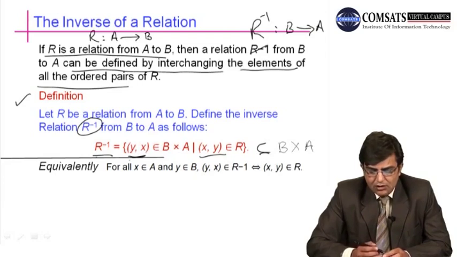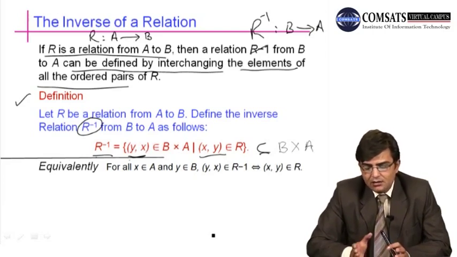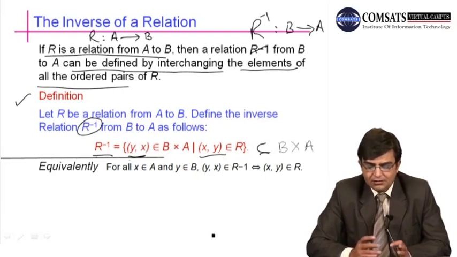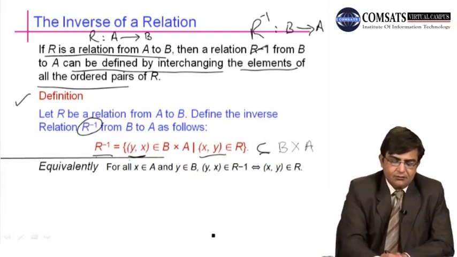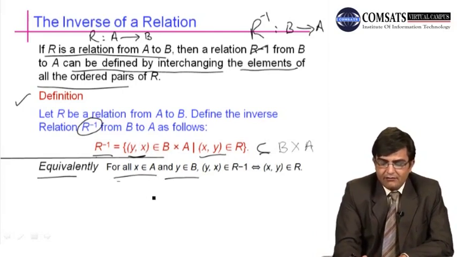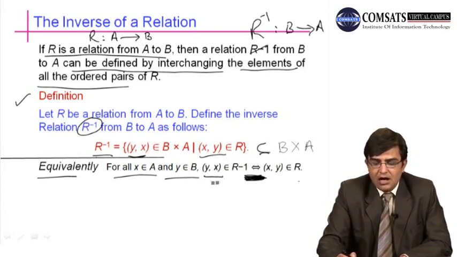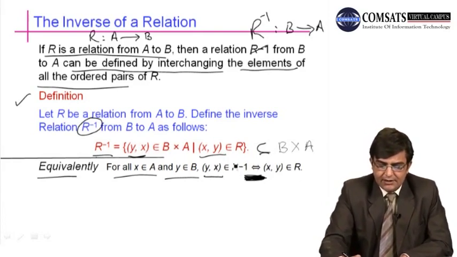It means that we can only interchange the elements of R, not the Cartesian product A cross B or B cross A. Or equivalently, we can say that for all x belongs to A, y belongs to B, yx belongs to R inverse if and only if xy belongs to R. If xy doesn't belong to R, then we cannot write yx belongs to R inverse.